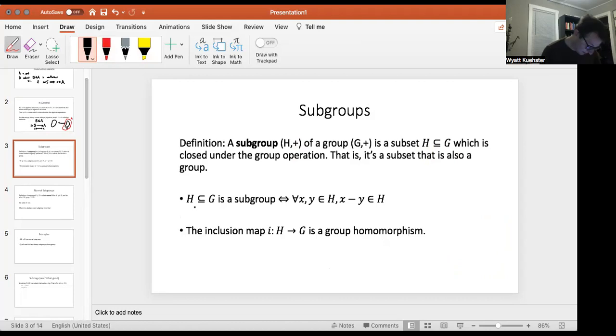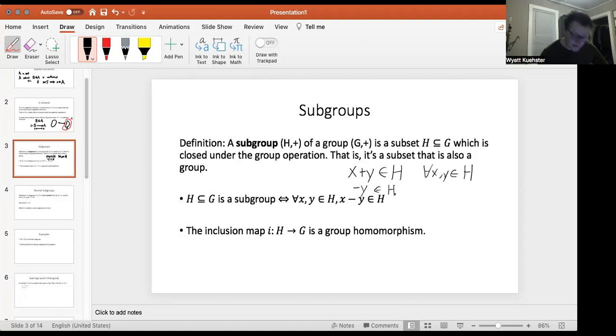And just to spell that out a little more, a subset H of G is a subgroup if and only if it's closed under addition, so x plus y is in H for every x and y in H. That is, H is closed under the group operation, and it also has to be closed under inversion. So that means minus y is in H.